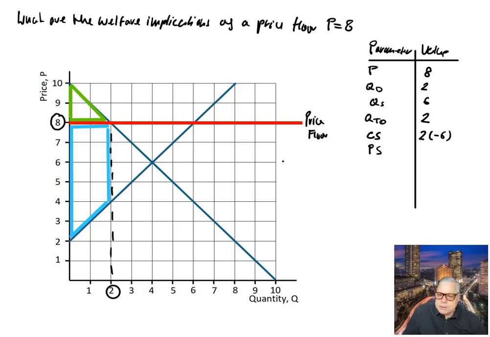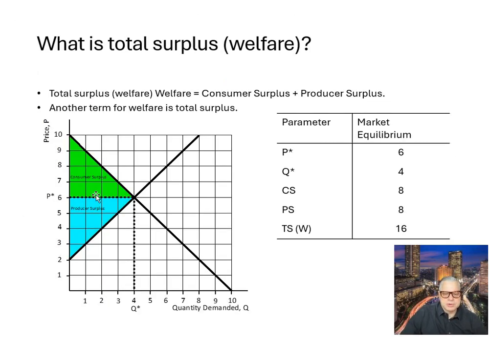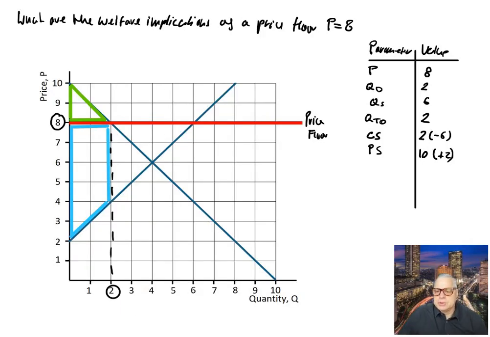And we have now a similar scenario as with the price ceiling, which is that the producers gain only 2, because in the free market equilibrium, producer surplus was all this area. So they gain 2, but total surplus is now only 12, which is a reduction again of 4, because in the free market equilibrium we had a total surplus of 16.